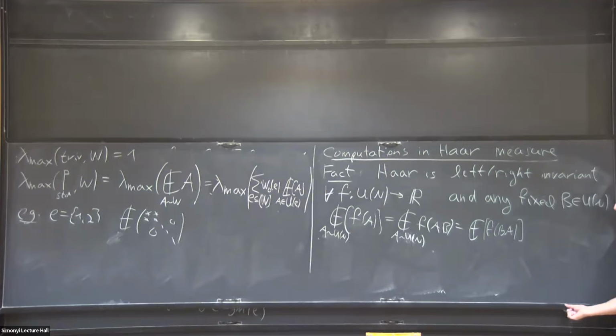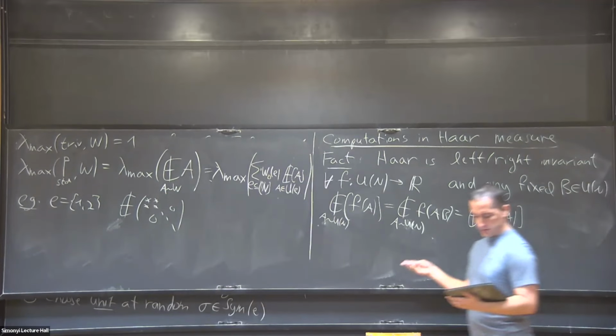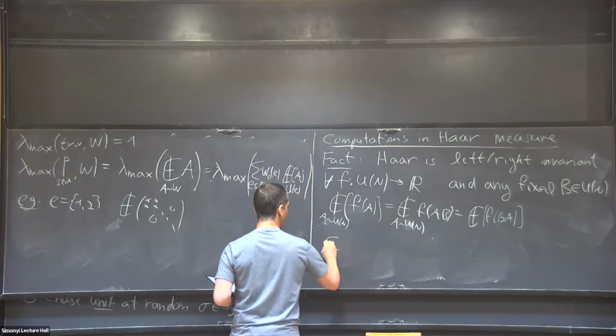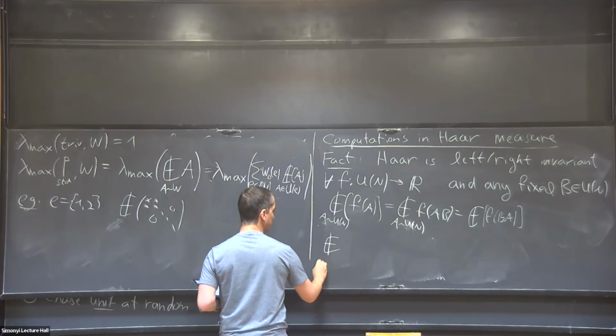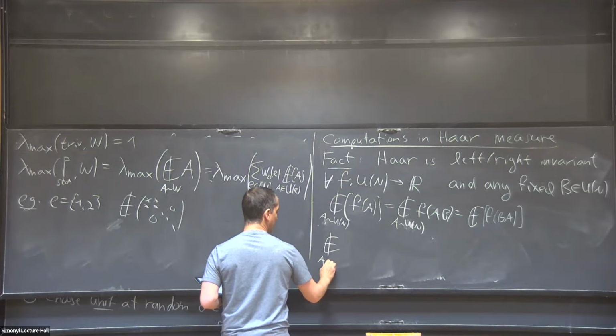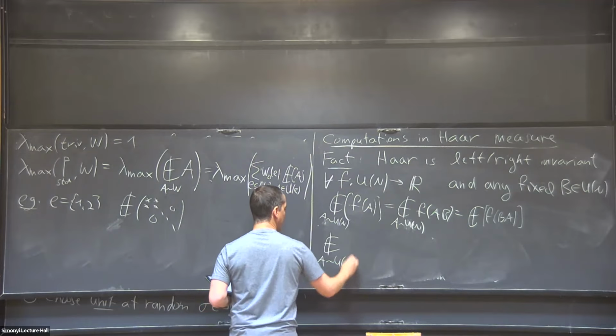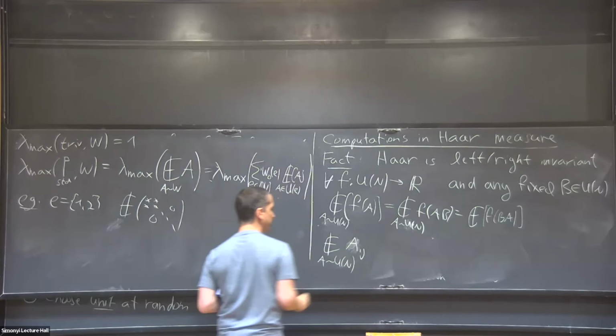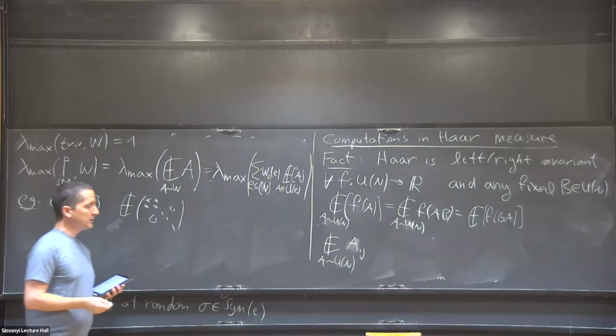I can shift my element by multiplication by a fixed element, and I will get the same result. So as an example, what is the expected value of, again, A is Haar in UN, and I just want the ij coordinate? What is the expected value?